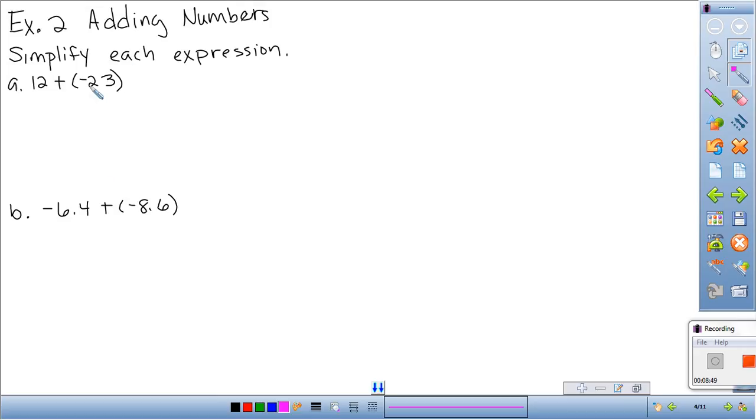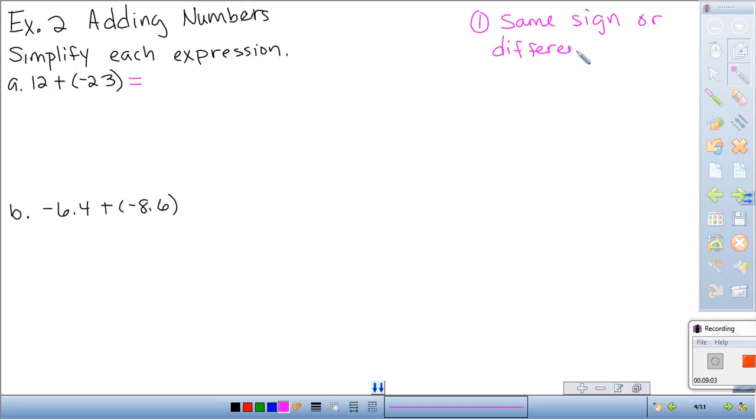Let's apply that to these next two problems. Simplify each expression. So the number one question we always ask ourselves is, same sign or different signs? That's the first question we want to ask ourselves. Positive 12, negative 23.